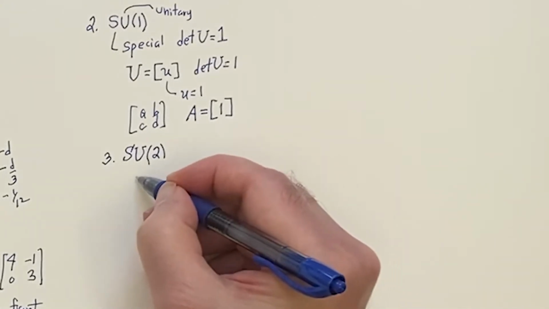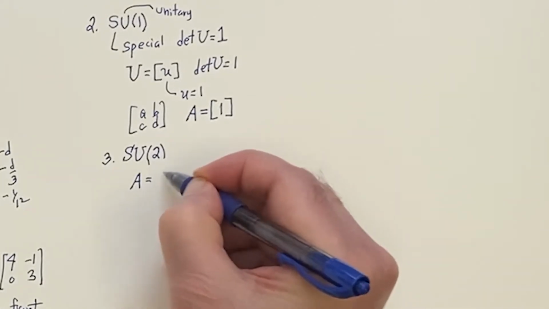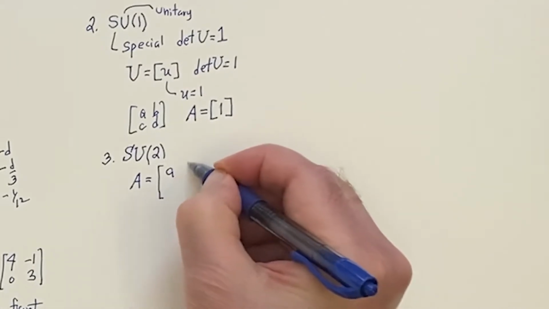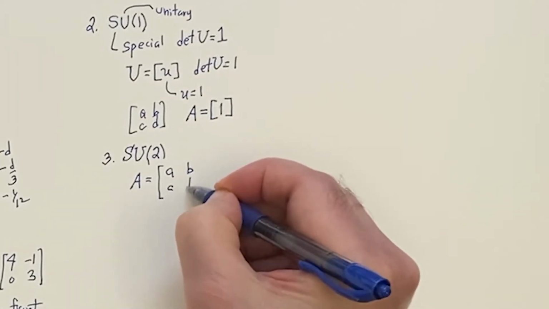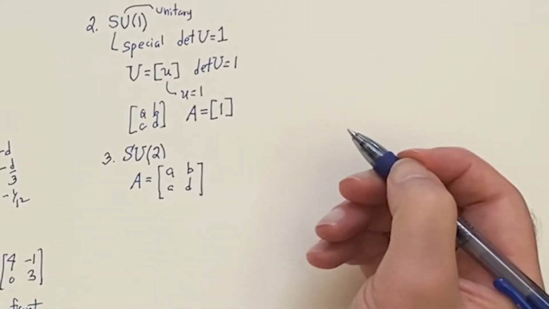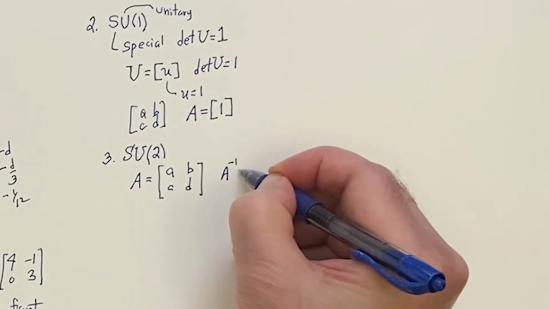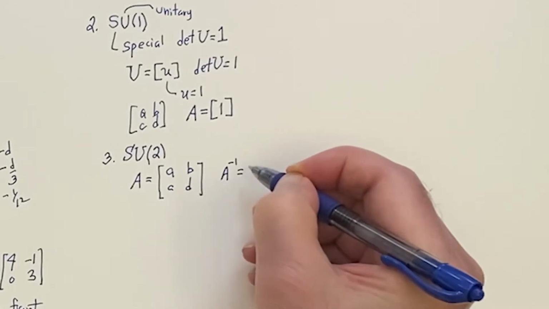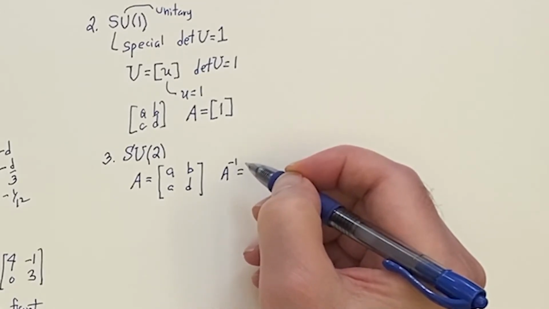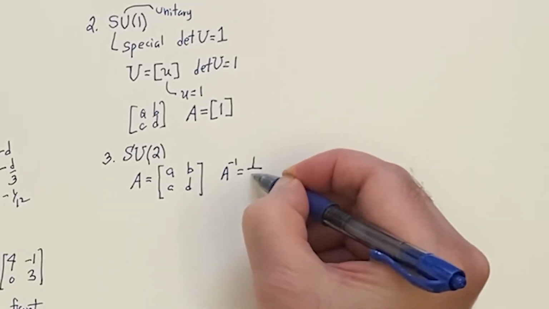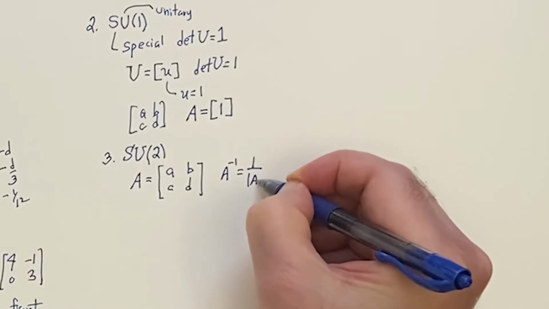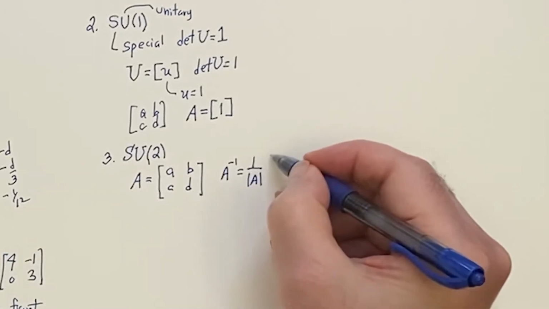So now we're going to start with the 2 by 2: A, B, C, D. And the inverse will exist provided that our determinant here is not going to be 0, because we don't want to divide by 0.